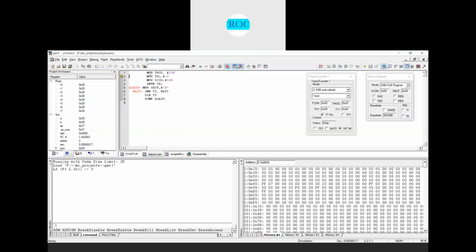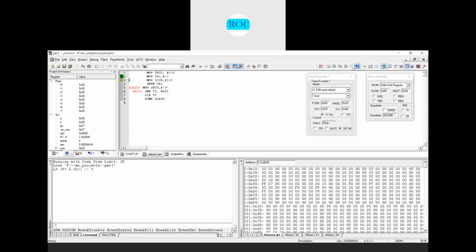Now if you see, we executed MOV TMOD, #20H here, right? So you can see the TMOD register content has changed to 20 here. Next, MOV TH1, #-3. TH1 as of now has 00. After execution we have FD, the hexadecimal equivalent of -3, which is stored into the higher byte register here.